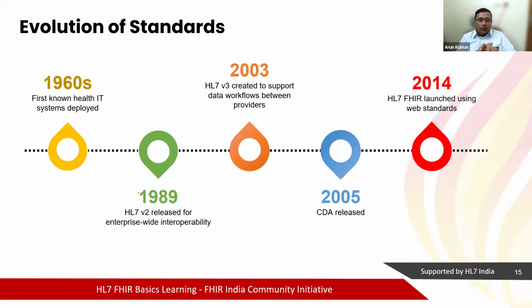I will talk about CDA in an upcoming slide. It was in 2014 that HL7 FHIR was launched using web standards. So coming from the 80s, where each and every byte and bit was expensive, to today, where storage and communication costs are not a bother, the standards have evolved along the way.